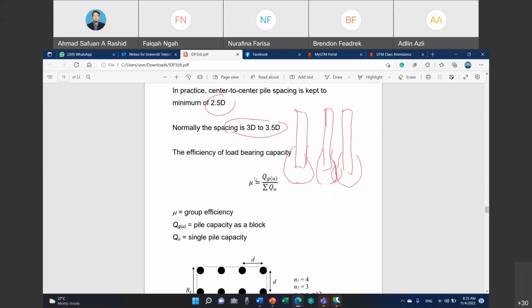Okay, this is how we can estimate the efficiency of the load bearing pile, and it should be almost near to 1.